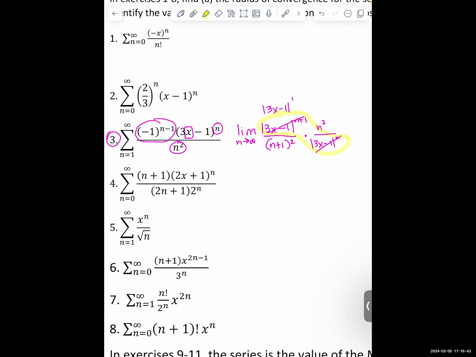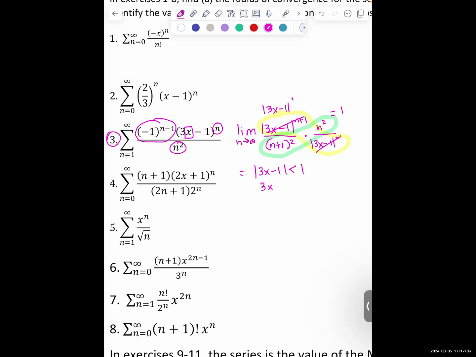The secondary thing that we're going to reduce is, observe that this is growing at the same rate. So therefore, the ratio of leading coefficients is 1. Then we end up with the absolute value of 3x minus 1 must be, this is what the ratio test is, and according to the ratio test, we must show that this is less than 1.